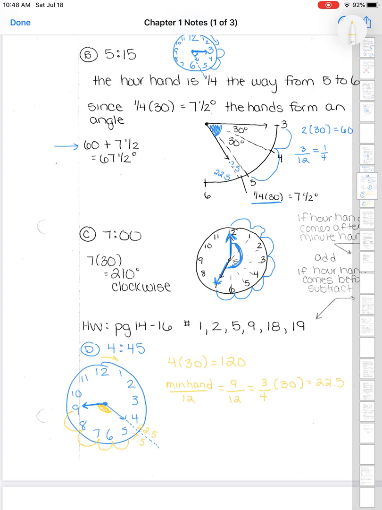Now that 22.5 goes from the lower number to the dotted line, which means what's left to make 30 is 7.5. We're using the same numbers that we did with B, but now if you look at the angle we actually want, you have to ask yourself, does the 22.5 fall in that angle or does the 7.5? In this case, it's the 7.5. So we're starting with 120 and we're going to add 7.5 to it, which gets us 127.5.